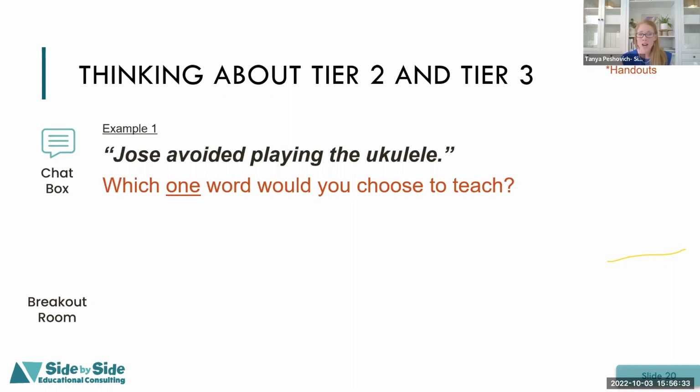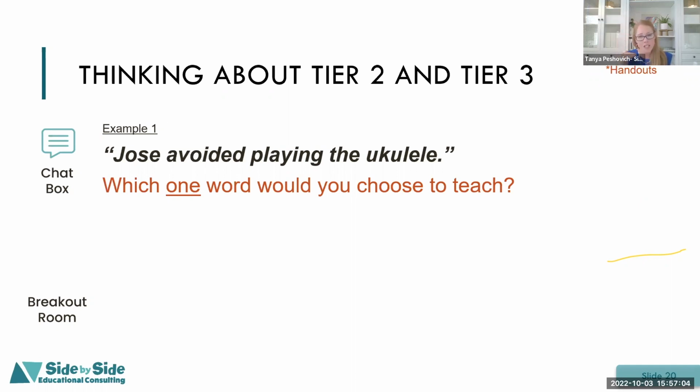Wonderful. Before I knew anything about tiers of words, I probably would have chosen ukulele because I think this is a foreign concept for my students. It is a word that I might be able to tell them in a very brief way what it means in order for them to understand the sentence. Ukulele is a musical instrument that looks somewhat like a small guitar, but I don't have to teach it to the level like we saw Dr. Archer do with the word discard, right?